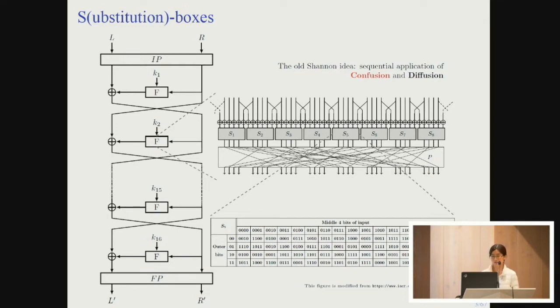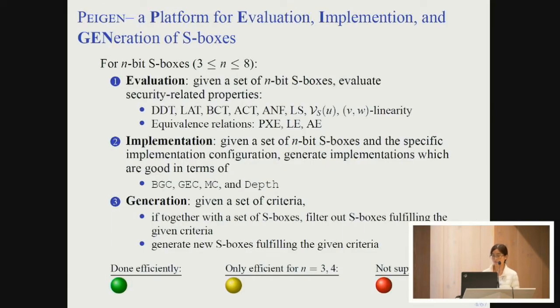In this paper, we aim to provide a survey on the known results on the design criteria of S boxes, and also build a platform to assist the evaluation, implementation, and generation of S boxes.